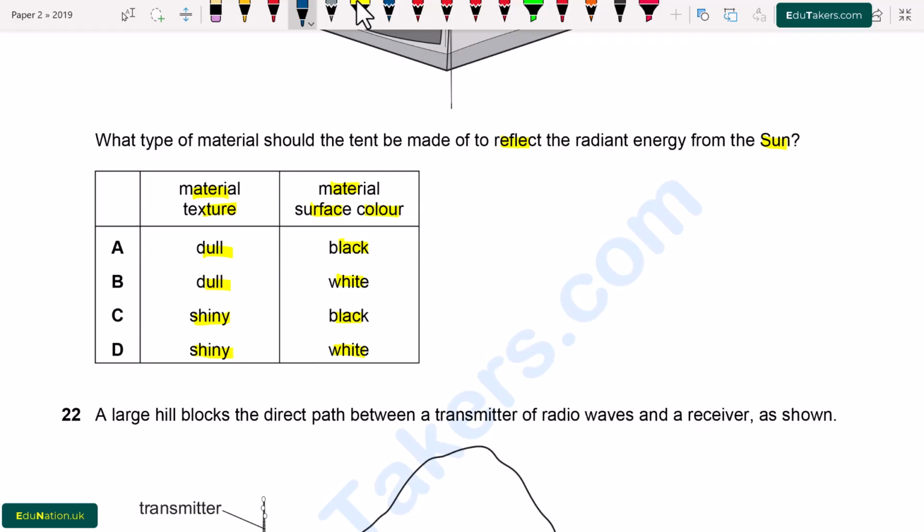But the dull black surfaces are bad reflectors because the dull surface is a bad reflector and the black color absorbs all of the radiation. So it is a bad reflecting surface. Only option D is correct, which shows the shiny white surface. It reflects most of the radiation from the sun. So the shiny white surface reflects the radiant energy from the sun.